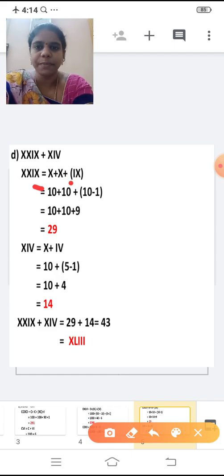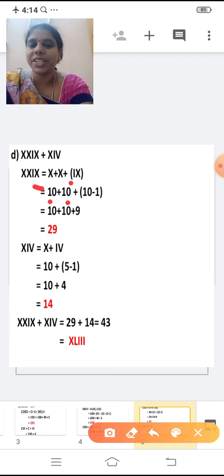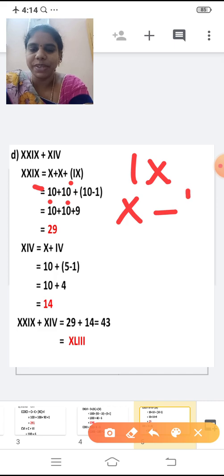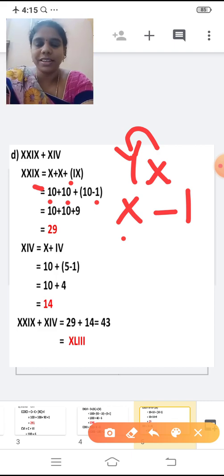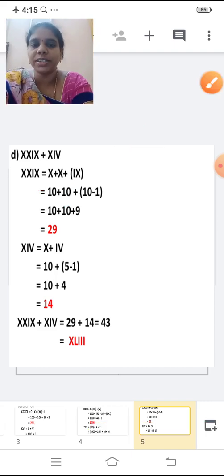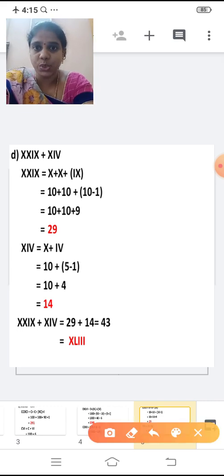What is the value of X? 10 plus again one more X, 10. What is the value of IX? X minus I, right? The smaller one is placed before the larger one, so you subtract the smaller one from the larger one. 10 minus 1 is 9. So 10 plus 9. Now add all together. 10 plus 10, 20. 20 plus 9, 29. So the answer is 29.